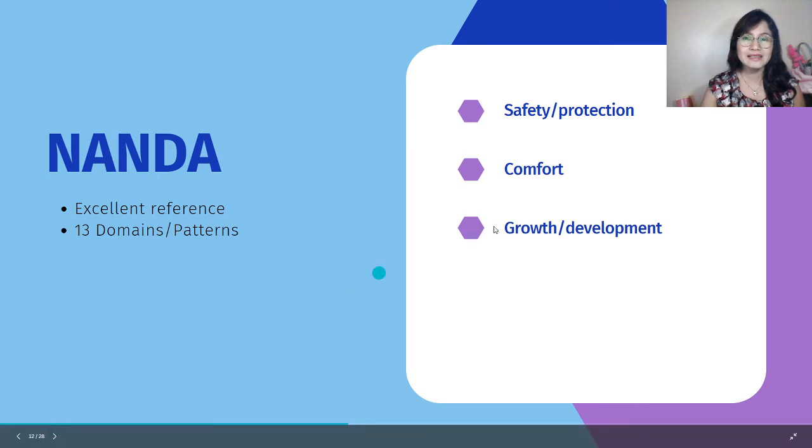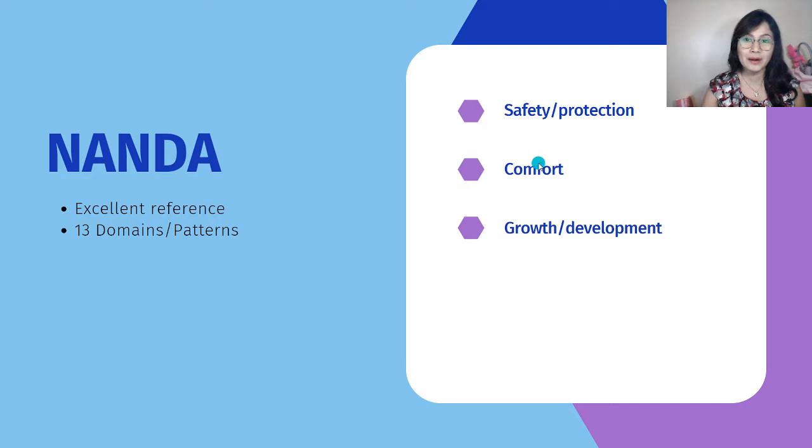Next is safety or protection. This is actually freedom from danger, physical injury, or immune system damage, preservation from loss, and protection of safety and security. Next is comfort. Comfort is the sense of well-being or ease with one's social situation.